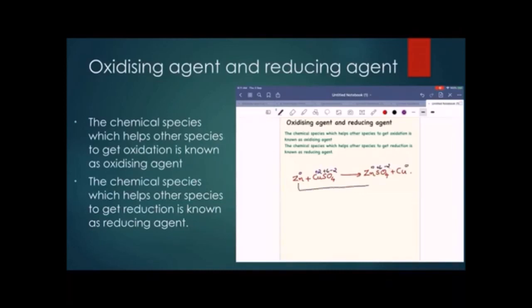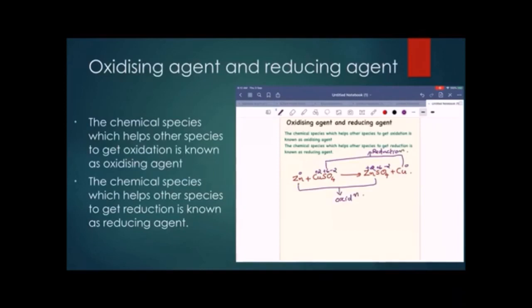Zinc undergoes oxidation because it changed its oxidation state from 0 to +2. Copper in copper sulfate undergoes reduction because its oxidation state decreased from +2 to 0.